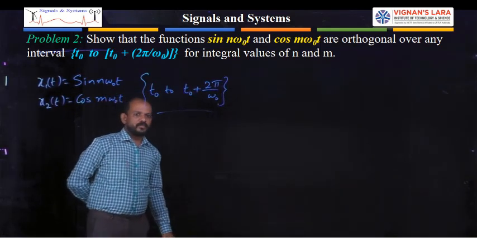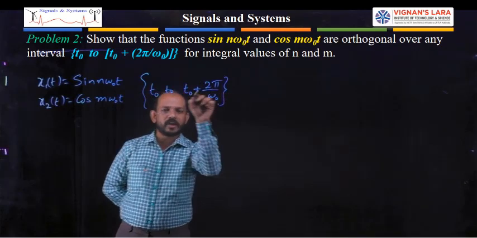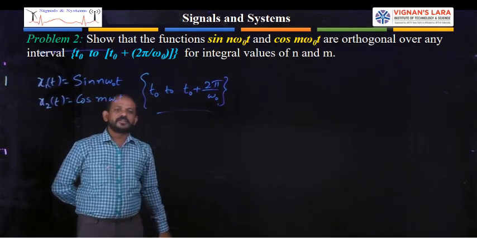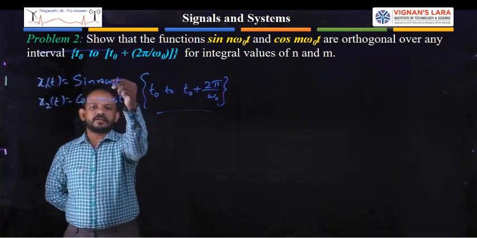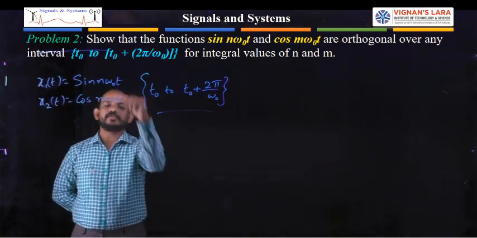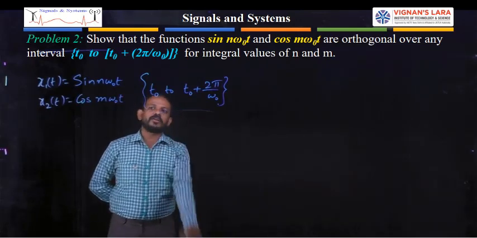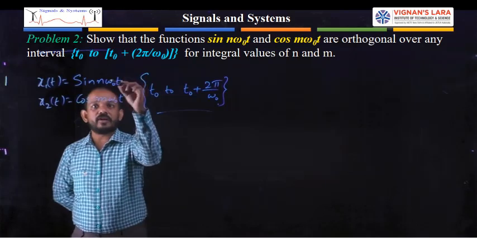So for any interval t naught to t naught plus 2 pi by omega naught, the signals x1 of t and x2 of t, that is sine n omega naught t and cos m omega naught t, are orthogonal for integral values of n and m.